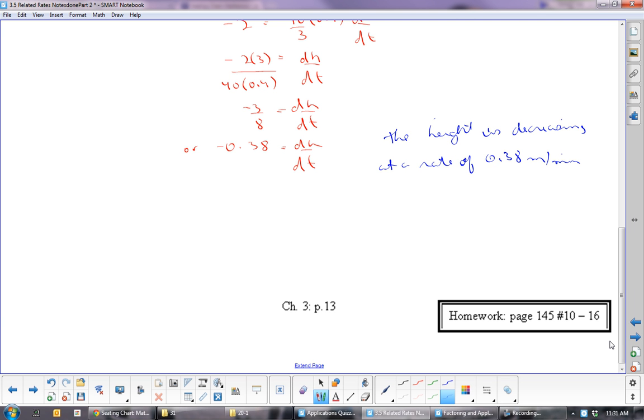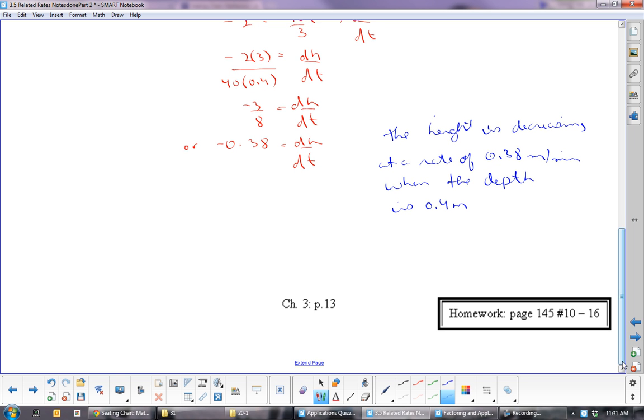That's right. When the depth is 0.4 meters. And that's what the homework looks like when it's not on top of something. All good?